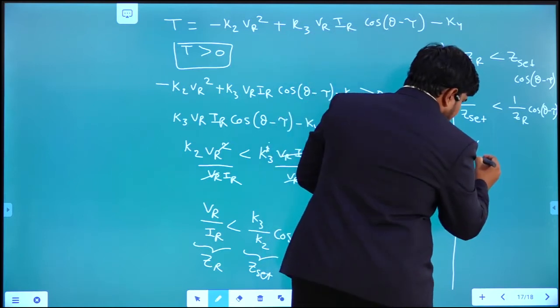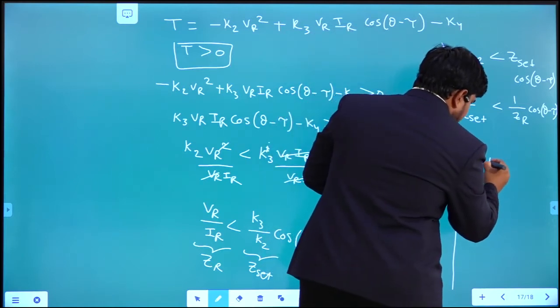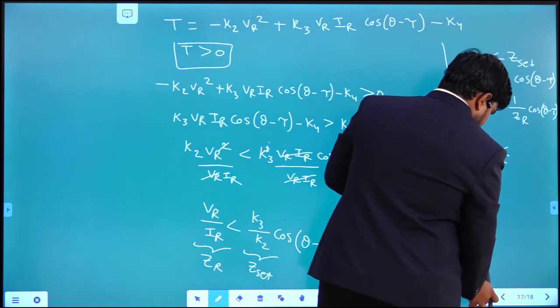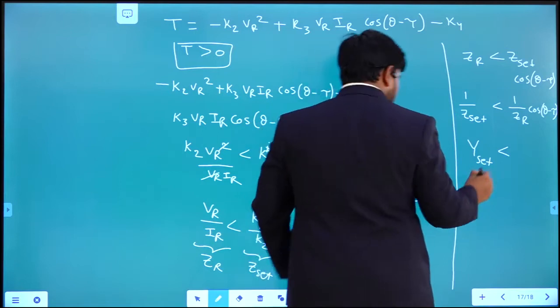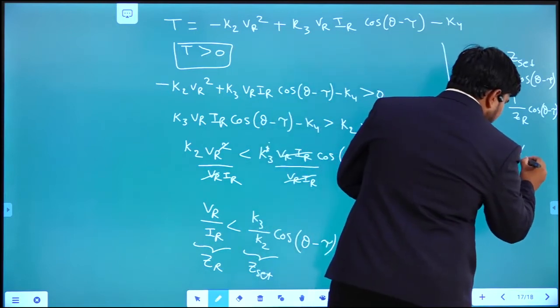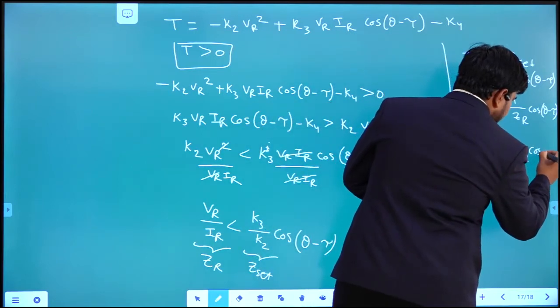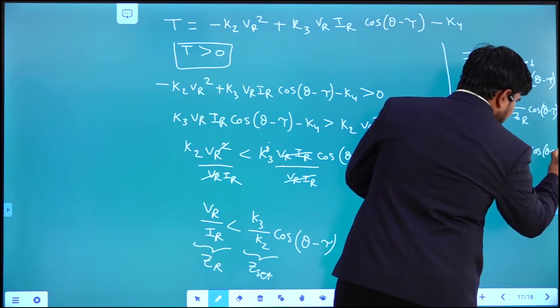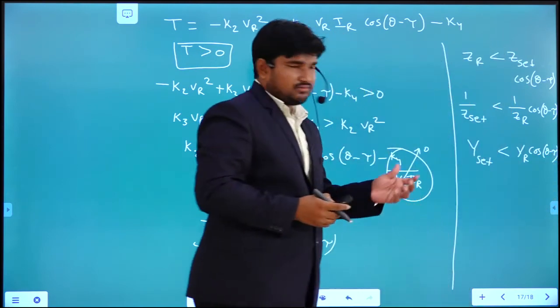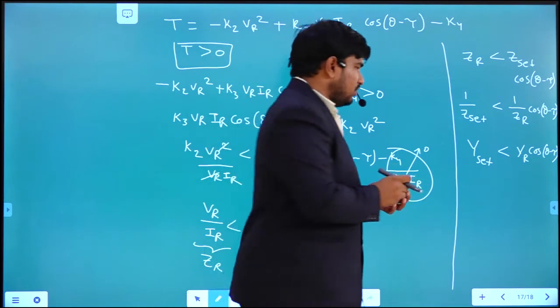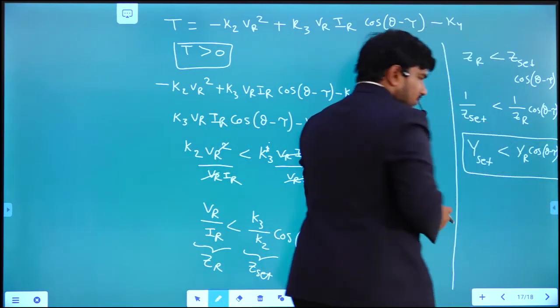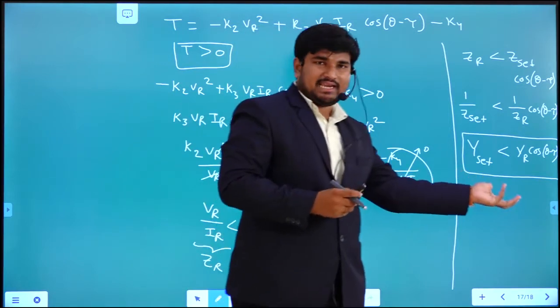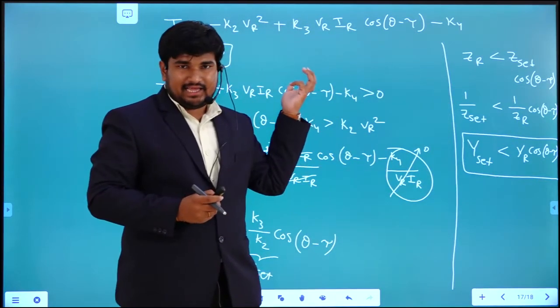So Y set is less than YR into cos of theta minus tau. This is the expression to produce a trip signal in case of an admittance type relay.